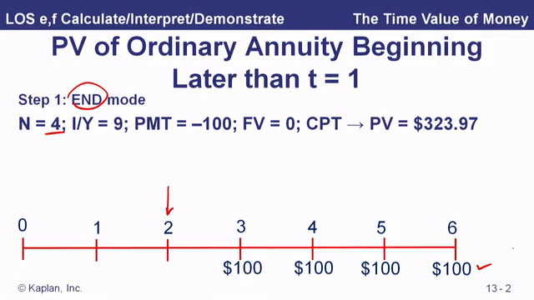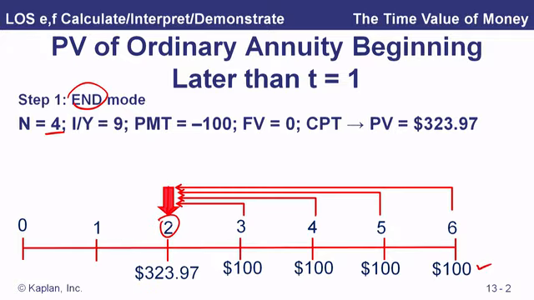Our payment amount we put in is minus 100. Future value is 0. There's nothing additional at the end of this, just that last $100 payment. And we get the present value of $323.97. But remember, that's a time 2 value in end mode. So there's our value at time 2 of all those payments.